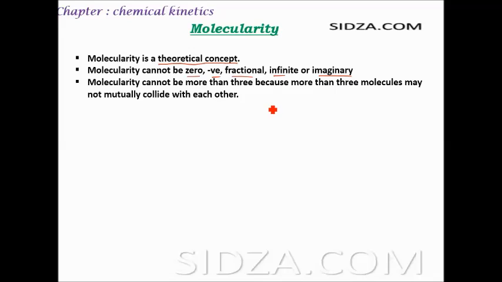Normally we find that the molecularity is either 1, 2 or 3. Molecularity of more than 3 is not possible, because it's not possible for more than 3 molecules to collide simultaneously and form the product, right? So these are some important points about the molecularity of a reaction.